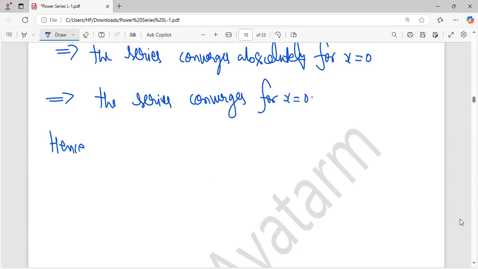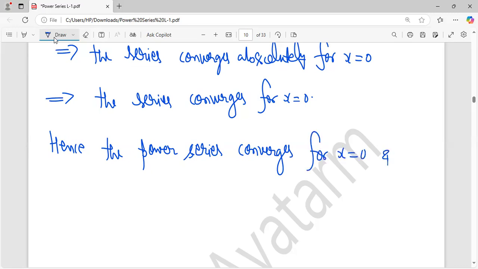Hence, the power series converges for x is equal to 0 and diverges elsewhere.